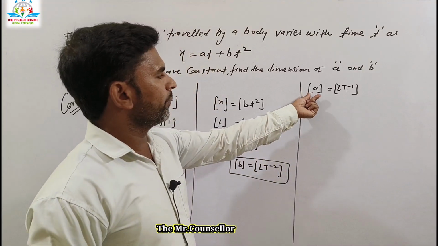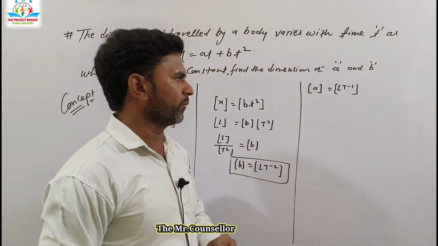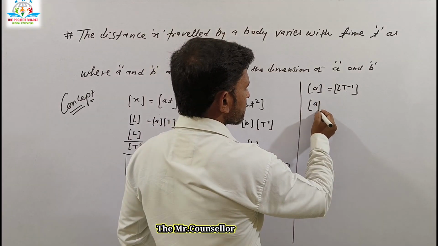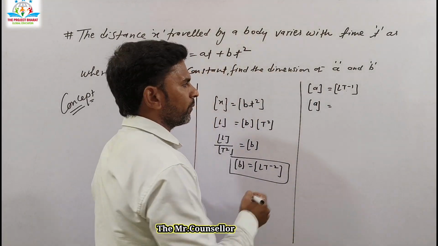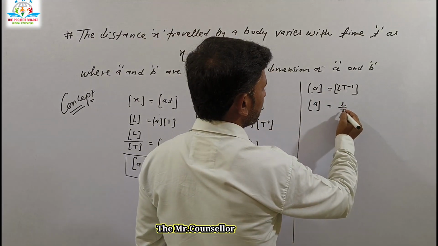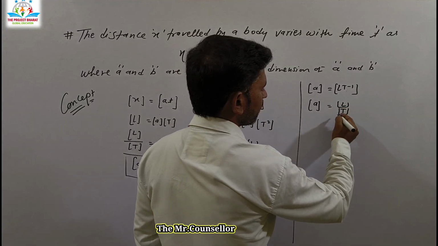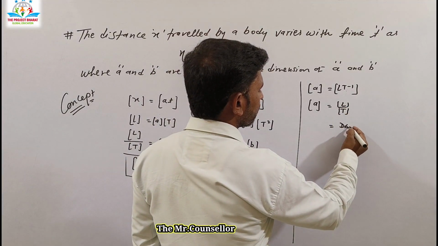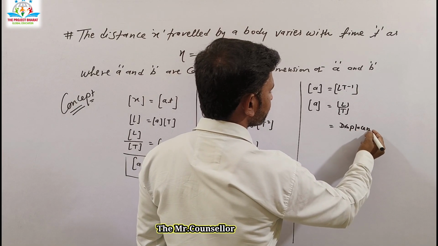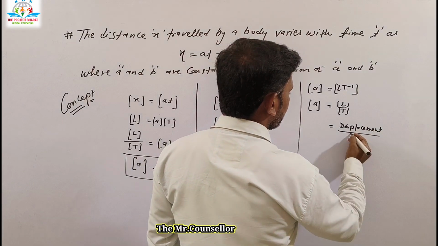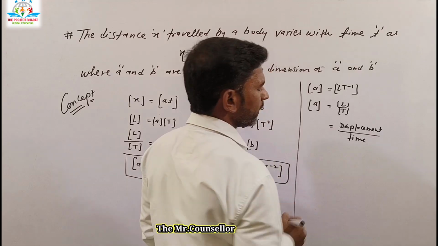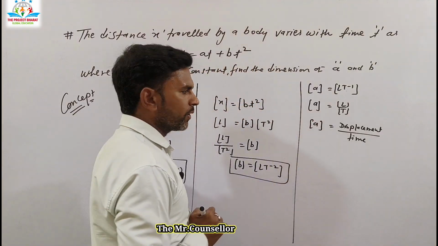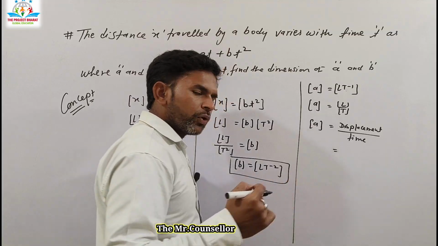So now you can see here A is LT⁻¹. If I make some changes here, what can I do? L upon T, yes or no? Is it okay? Now L means I can note down displacement here, and downside I can note down time. So finally it is displacement upon time.